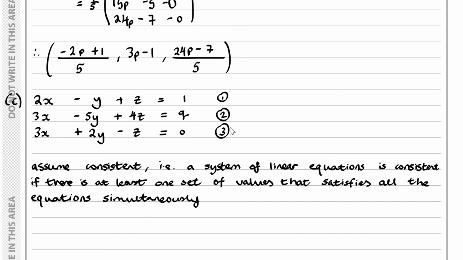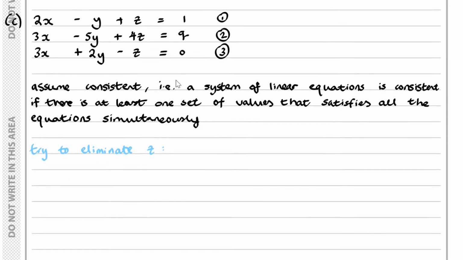And there are various different ways we can try this question. One way is to try to eliminate the variable z. One way we can do that is add equation 1 to 3.